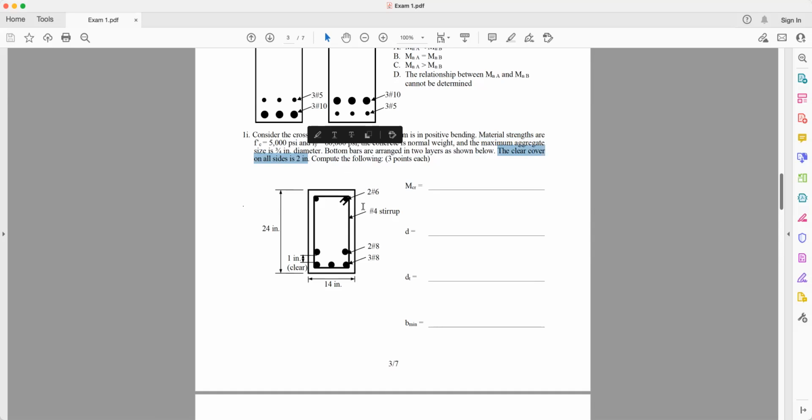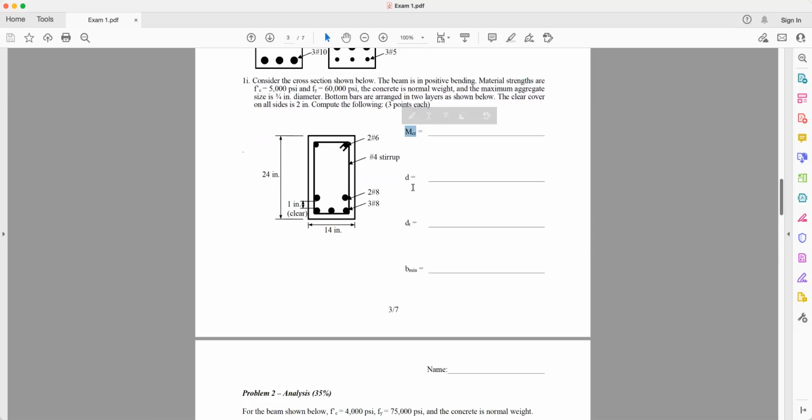You need to find out what the cracking moment is. How to calculate the cracking moment? You should know that from your notes. The d, and I didn't write anything here, meaning d is ds. If I don't write anything, d is ds. dt is just the last layer of bars, right? You need to find the center of the bars and also find the last layer of bars. And b means minimum beam width.